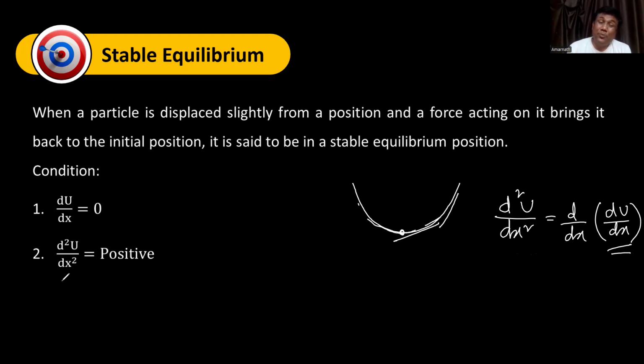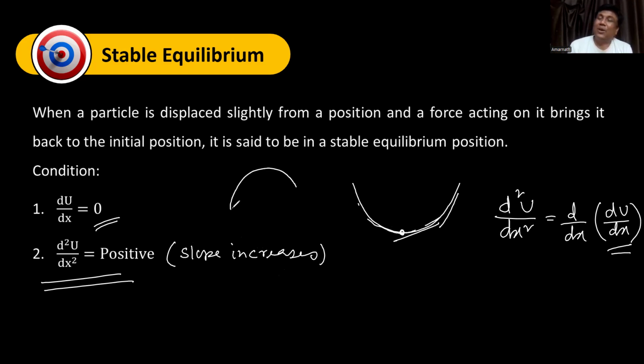Please put these 2 points for stable equilibrium. This point you have already put. You put this point also: d2U/dx2 is positive, or you can say that the slope increases. If you want to write, you can say the slope increases, or you can write graph concave upward.